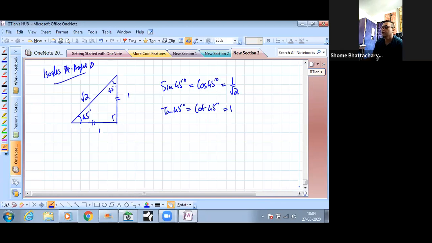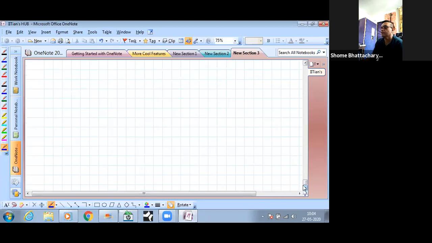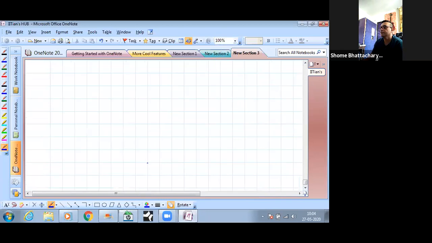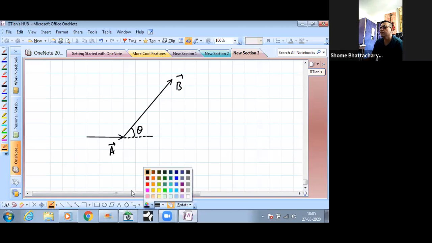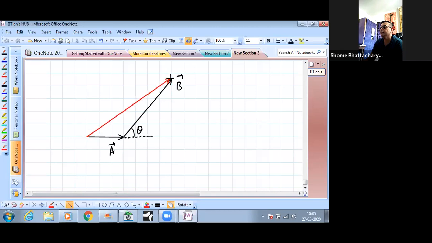Okay. Now a couple of more things. So for example, that question we had done earlier, where one vector was 10 units like this and the other vector was 30√2 units like this, and the angle between them was 45 degrees, and we had just found out the resultant in that case and seen that that was 50, but now we'll also find out the angle that the resultant makes.